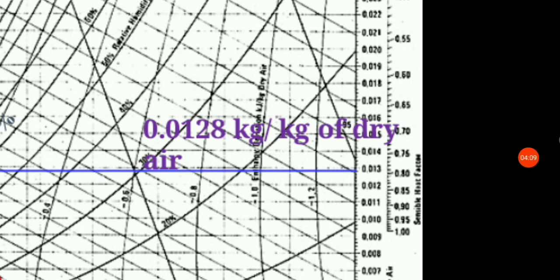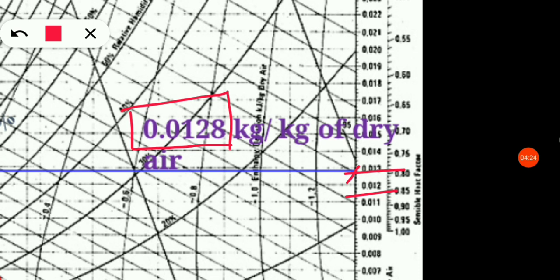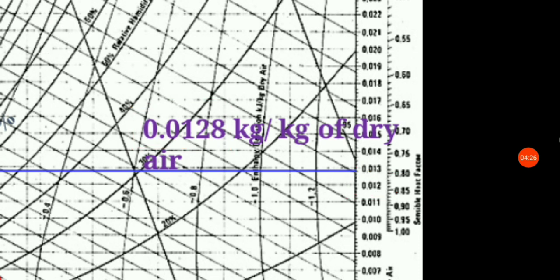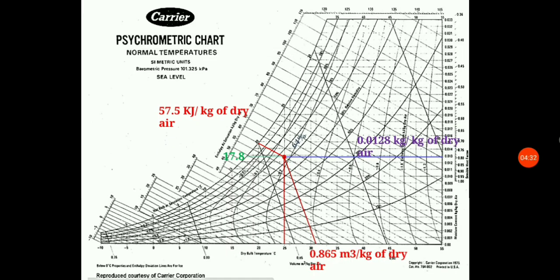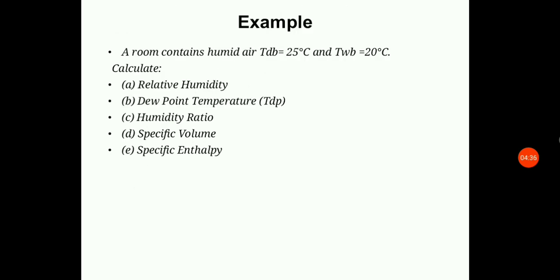This point is between 0.012 and 0.013. As it is nearer to 0.013, its value comes out to be approximately 0.0128. So for the given condition, it has a specific humidity of 0.0128 kg per kg of dry air. So this is the next quantity that we have found, that is the specific humidity or humidity ratio.